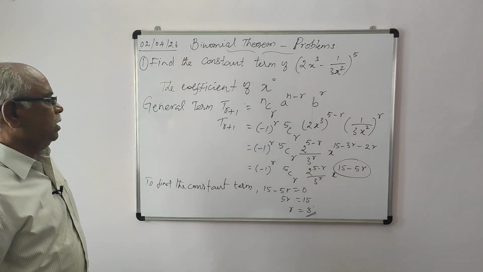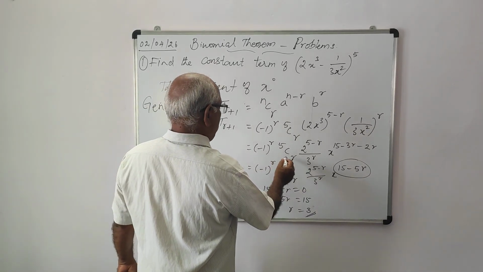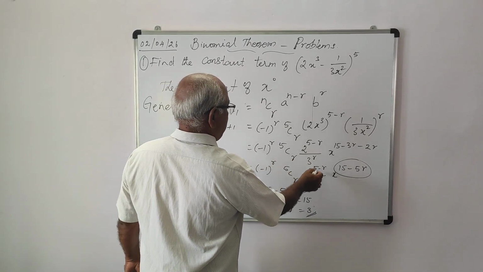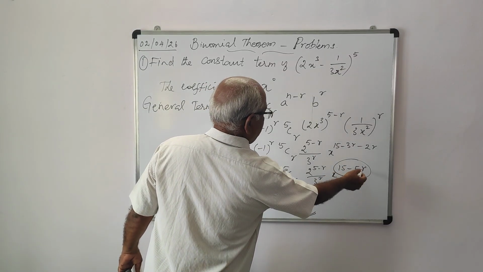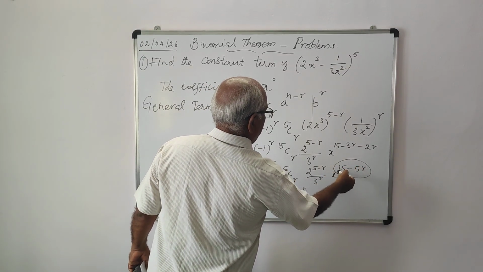You substitute the value of r here. 15 minus 5 into 3, 5 3s are 15, minus 15, x power 0.